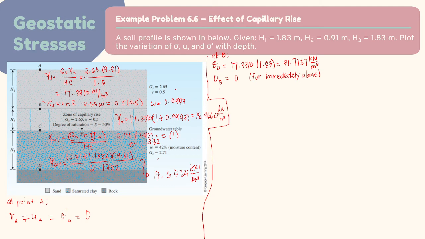While for immediately below, this is equal to negative 0.5 times 9.81 times 0.91. So this is equal to negative 4.4636 kilonewton per square meter.